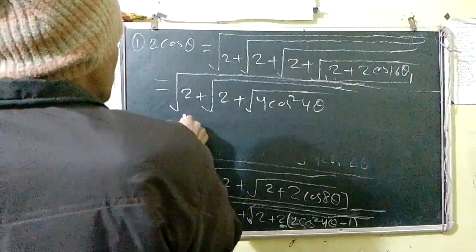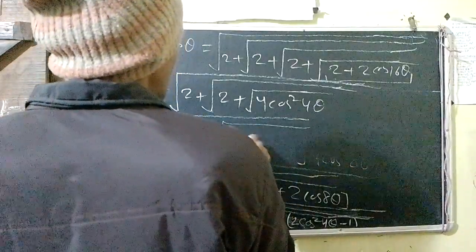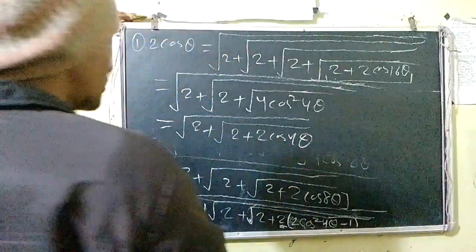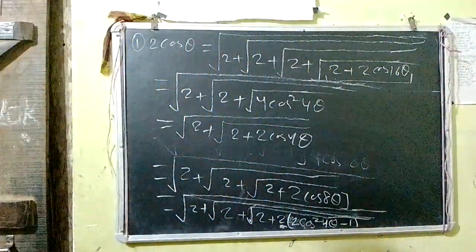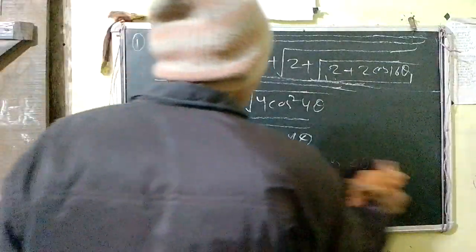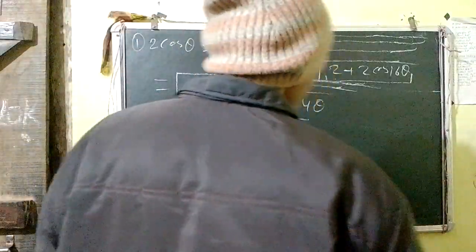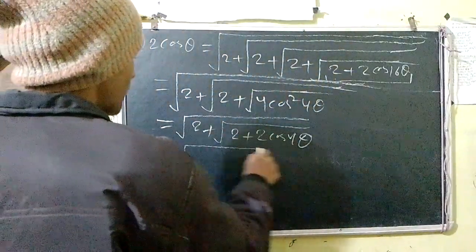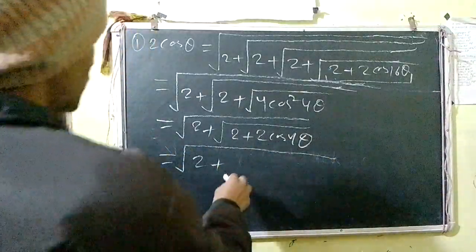Now this is going to be square root of 2 plus square root of 2 plus 2 cosine 4 theta. So this root, now you can see they are disappearing. So further we can write this down as a square root of 2 plus square root.